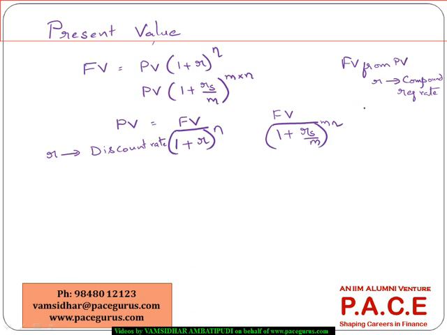Whereas when I am computing the present value from future value, the same R gets the name of discounting rate, because I am discounting the future value to give me some value for the present.